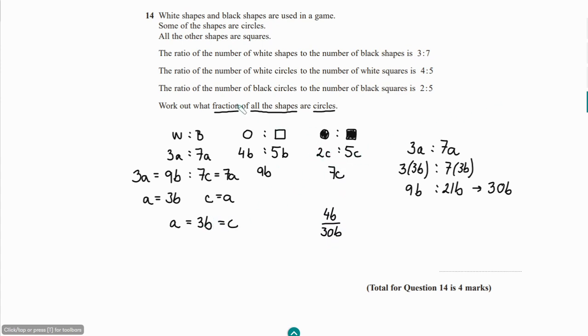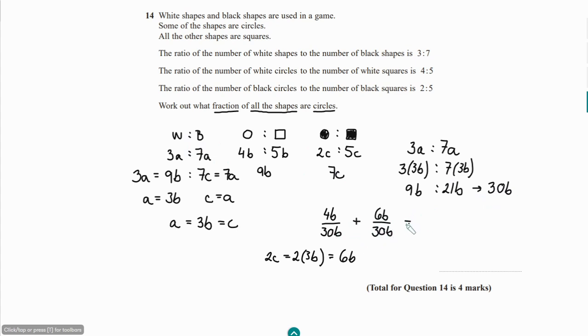So we talk about circles: we have 2c, which equals 2 times 3b, which is 6b. So now we're dealing with 6b over all the shapes, 30b. That's why we're putting this in terms of b.